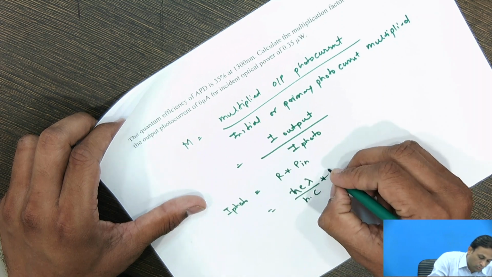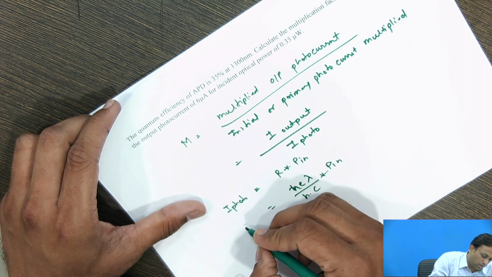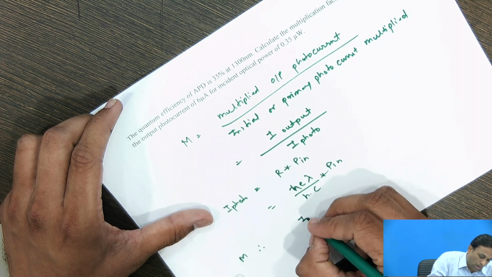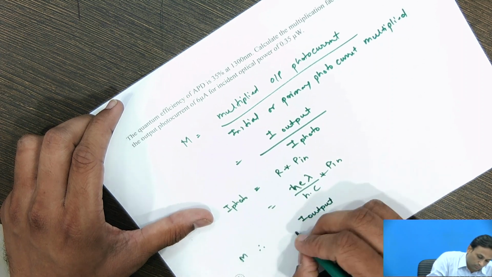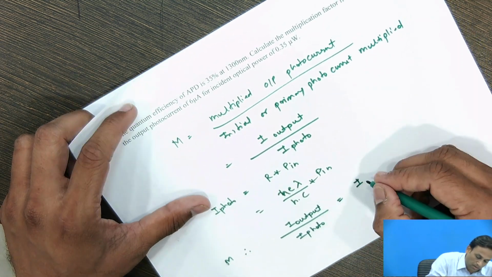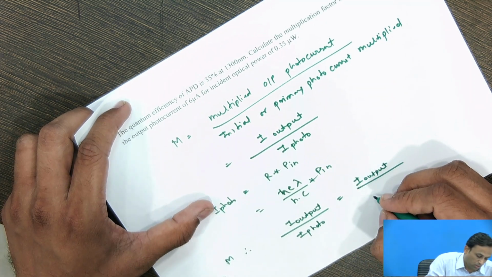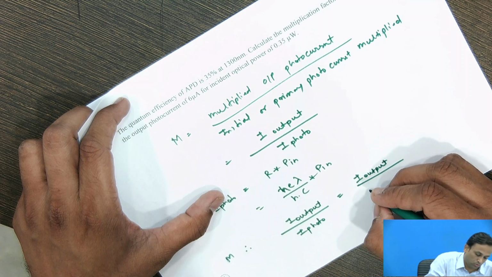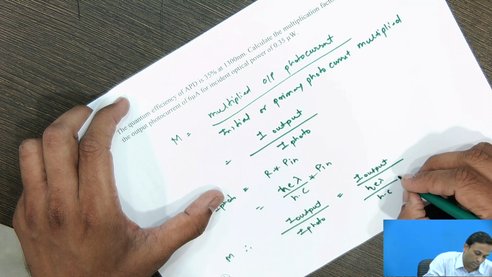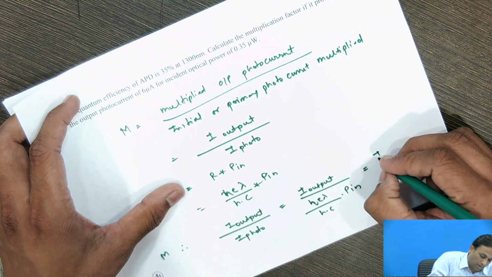So M is equal to I output upon I photon, and I photon is R into P in, so that can be written as I output upon efficiency e lambda upon hc into P in.